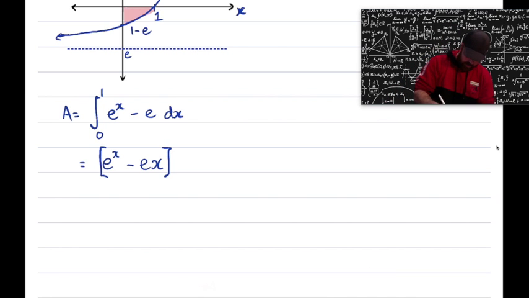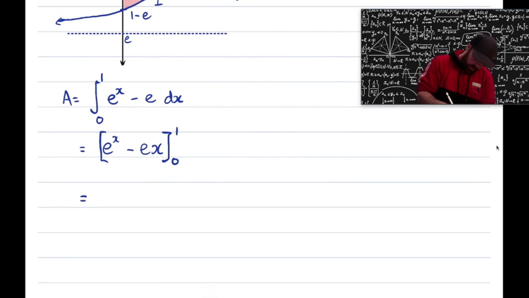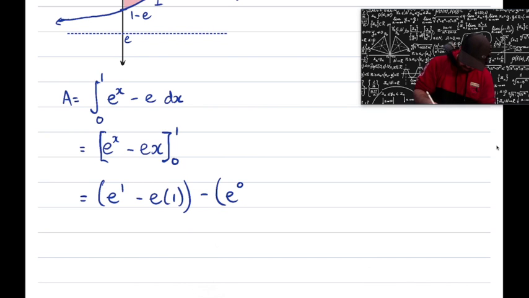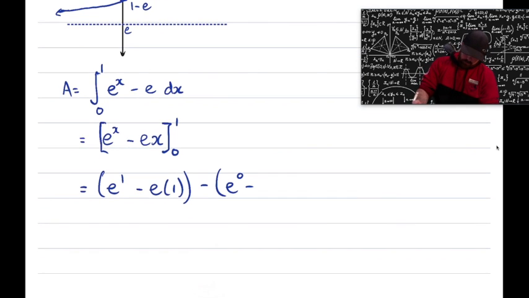Alright, and we're going to evaluate that between 0 and 1, which is equal to e to the power of 1 minus e times 1, minus e to the power of 0 minus e times 0.